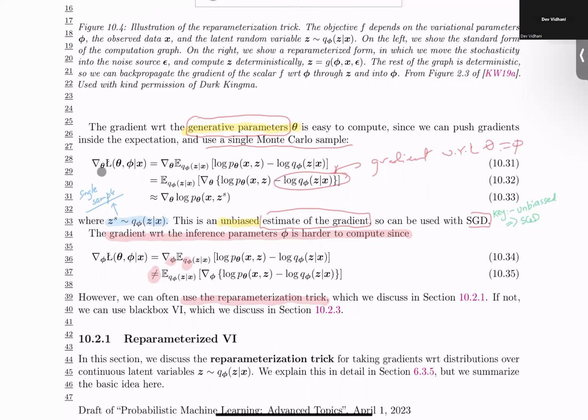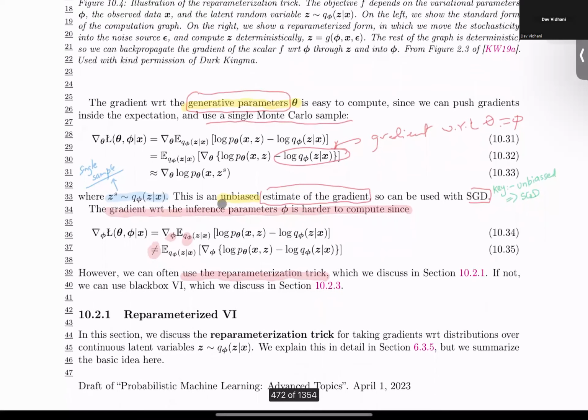Note that this is an unbiased estimator of the gradient, so you can apply SGD. So essentially you can do gradient descent, stochastic gradient descent.